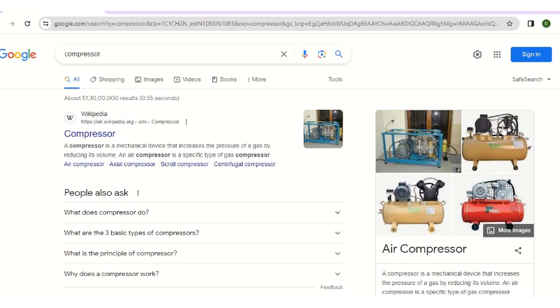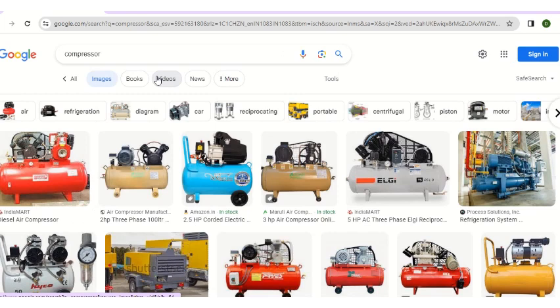It is a mechanical device that increases the pressure of the gas by reducing its volume. So it compresses the volume and it creates the pressure. So these are the compressors. It is creating the pressure with the gas.